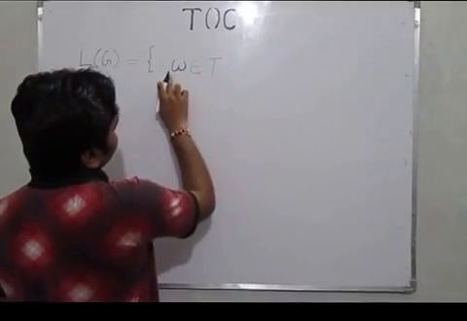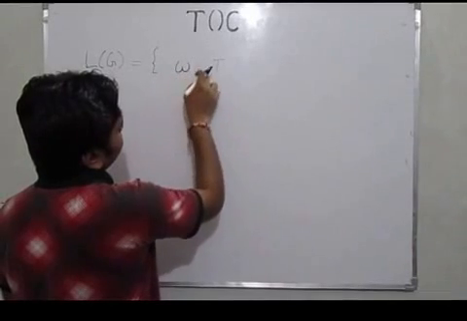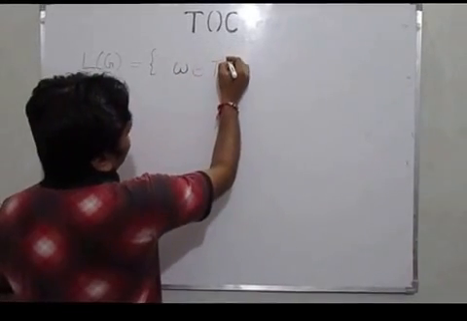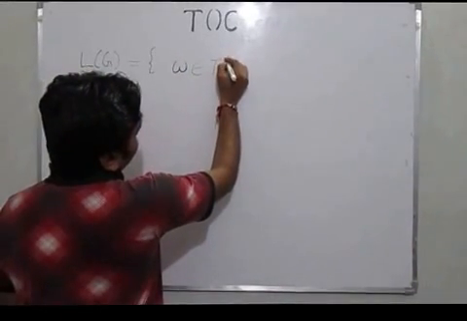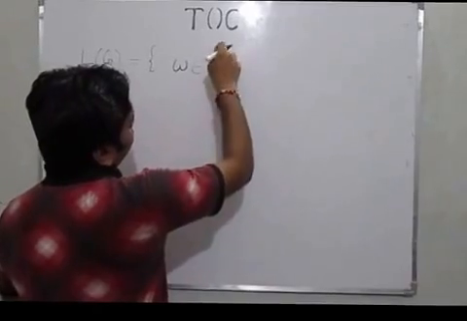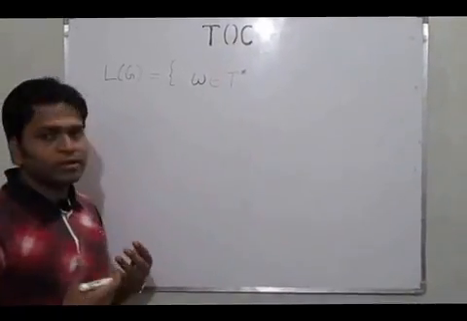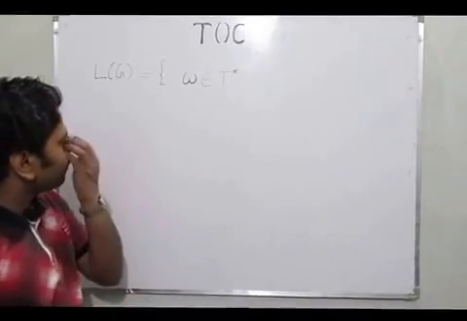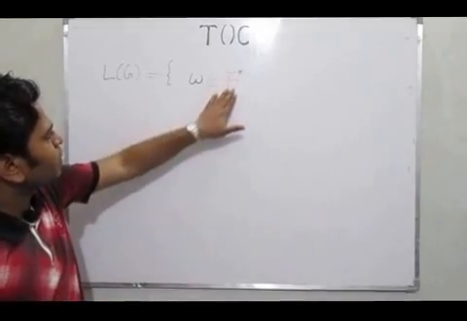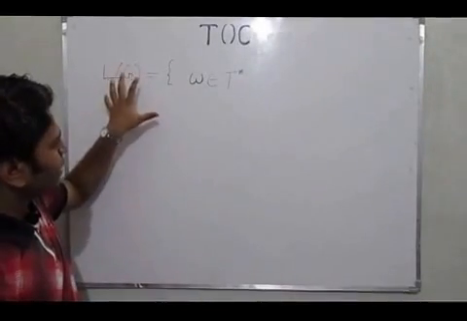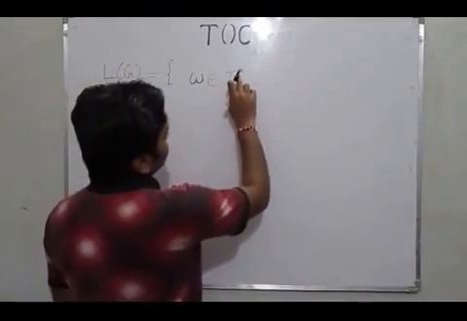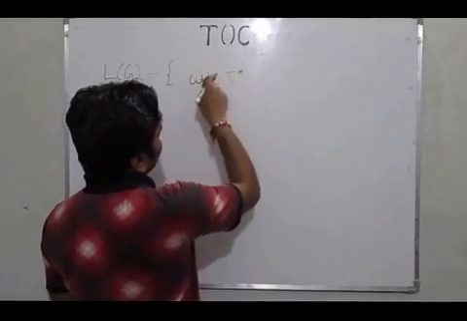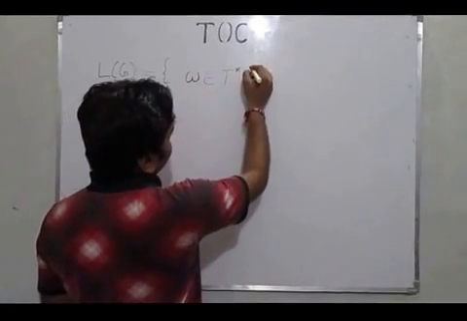Because a string is nothing but a sequence of terminals, and that terminal can be of various possibilities. We can have various possible strings in a given language. So this star simply represents the various possible strings in a language.